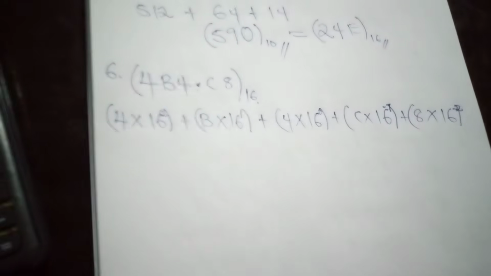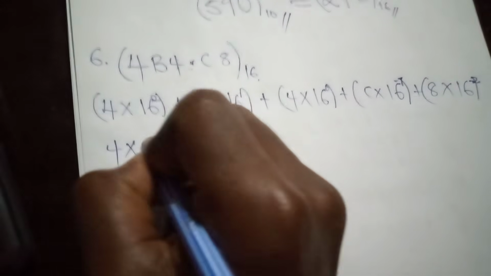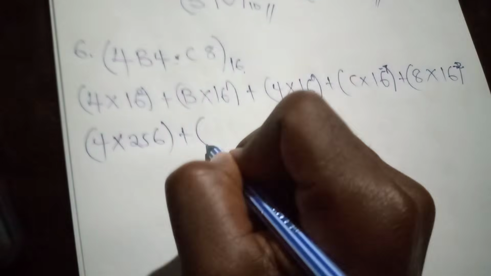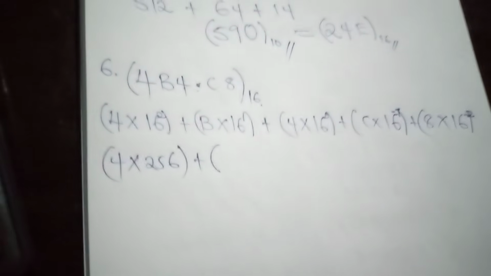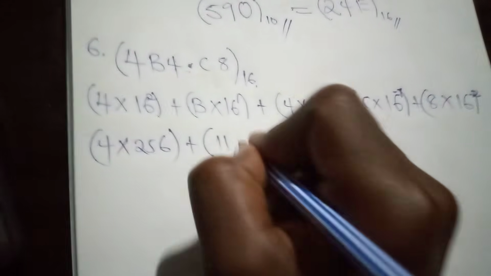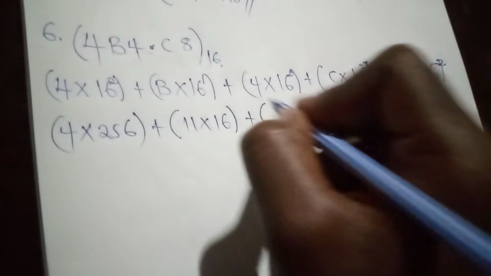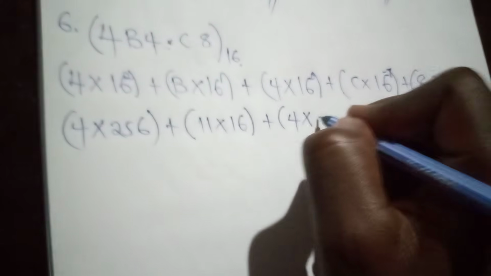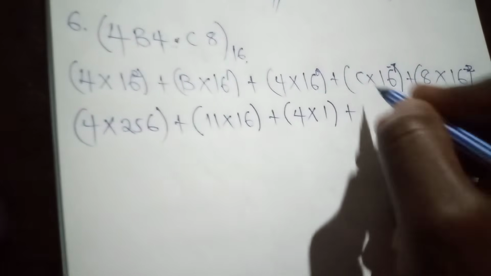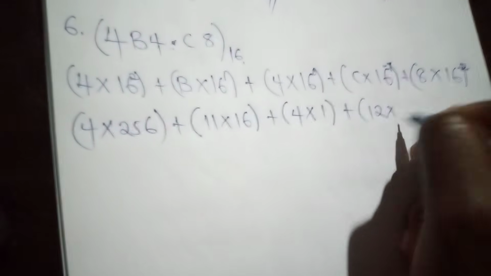From there you can start simplifying. So 16 squared is 256, 4 times 256, plus B in hexadecimal is represented by 11, times 16, plus 4 times 16 to power 0, which is 1, plus C is represented by 12 times.